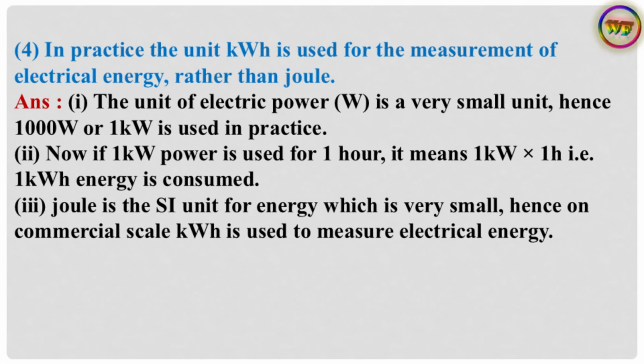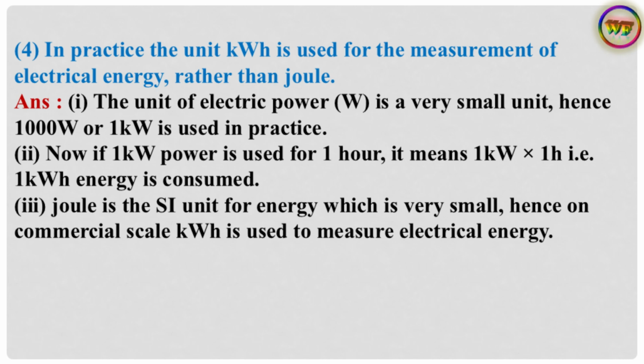Sub-question 4. In practice, the unit kWh is used for the measurement of electrical energy rather than joule. Answer. Point 1. The unit of electric power, W, is a very small unit, hence 1000 W or 1 kilowatt is used in practice.